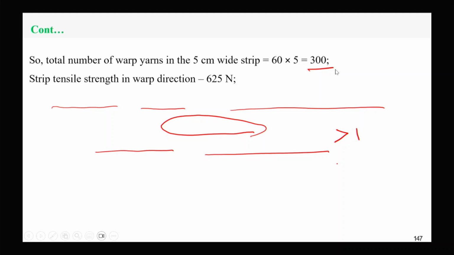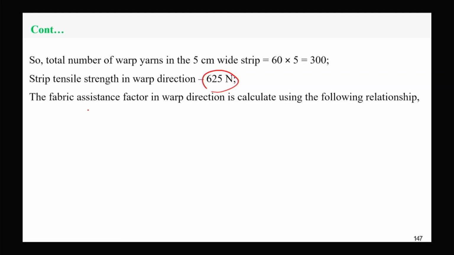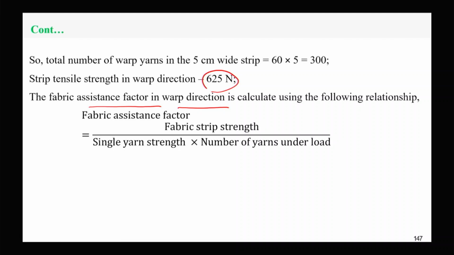And the strip strength is 625. 625 is the strip strength, and we calculate the fabric assistance factor in warp direction by the relationship, where the fabric strip strength is 625, the total number of threads under load is 300, and the single yarn strength of warp yarn is 2 Newton.